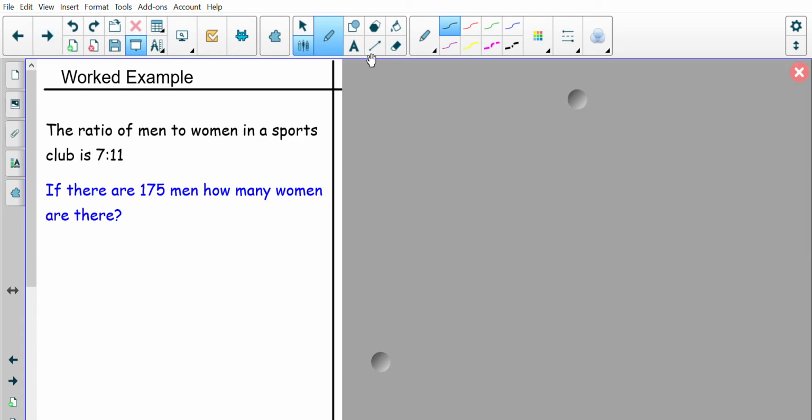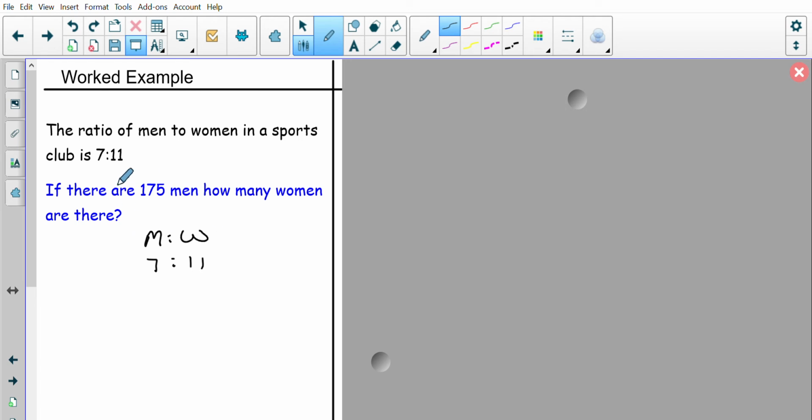Let's have a look at a problem-solving example now. So I've got the ratio of men to women is 7 to 11. So again, first of all, we're going to write M for men and W for women and put the 7 to 11 underneath so that we make sure that we've got the ratio the right way round.